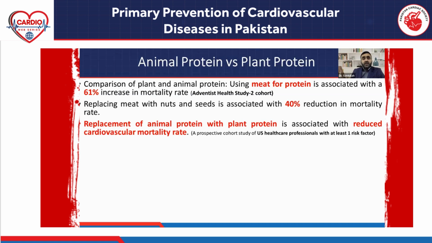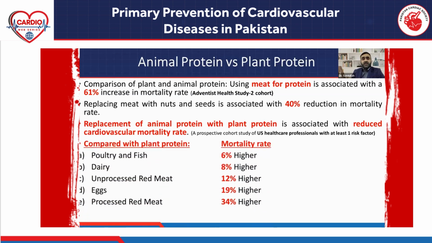Other studies show replacement of animal protein with plant protein is associated with reduced cardiovascular mortality, and it has been further classified. Compared with plant protein, poultry and fish give you 6% higher mortality.